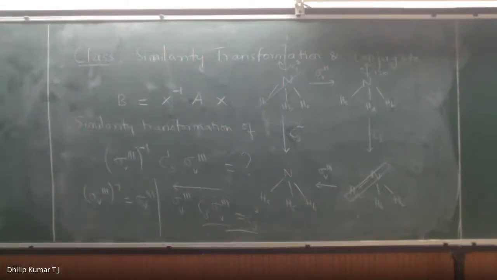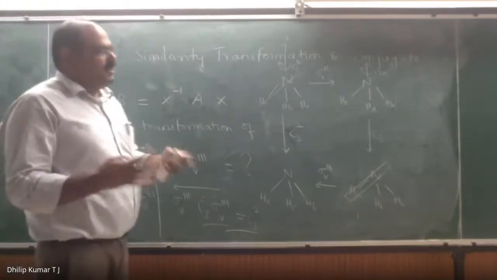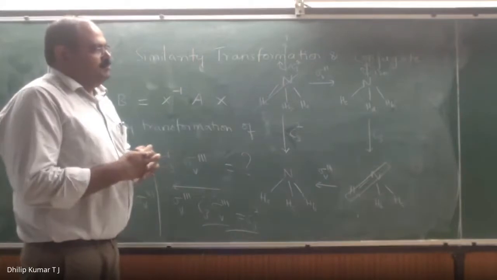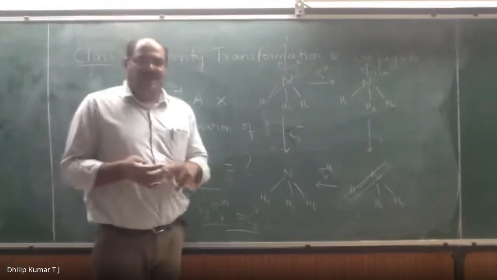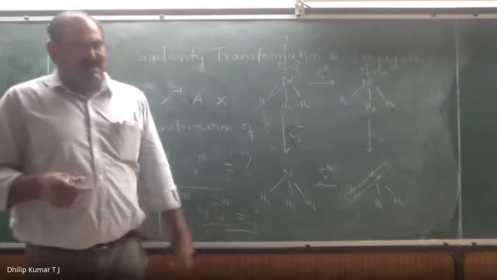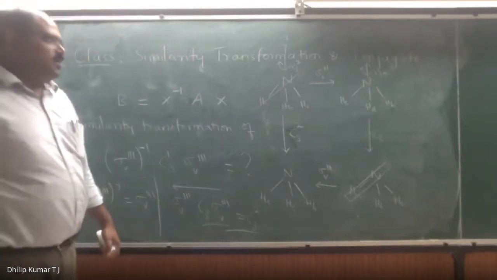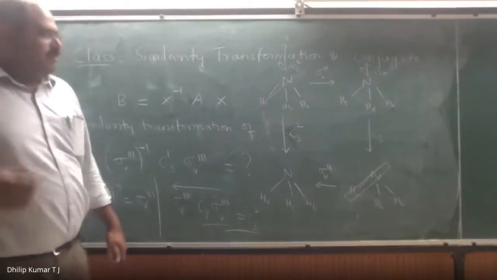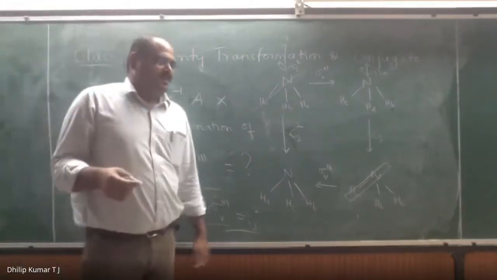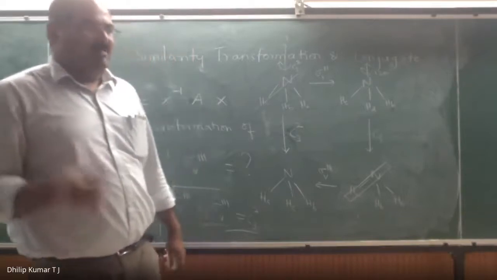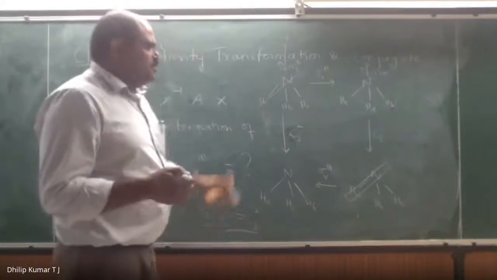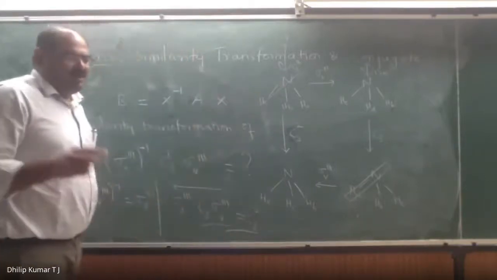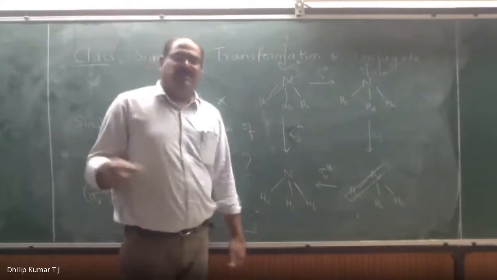If you do that, rotation C3 will always result in either C3 or C3 squared. If you perform a similar transformation with any of the elements, it will always result in C3 only or C3 squared only. Similarly, if you perform it on the planes sigma V prime, double prime, triple prime, with respect to any of the elements, it will always result in a sigma plane only.